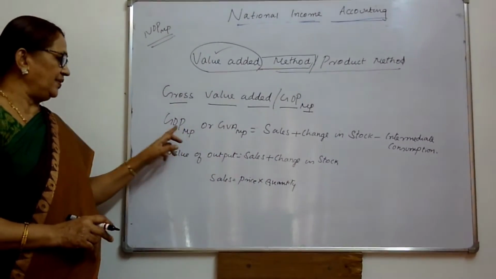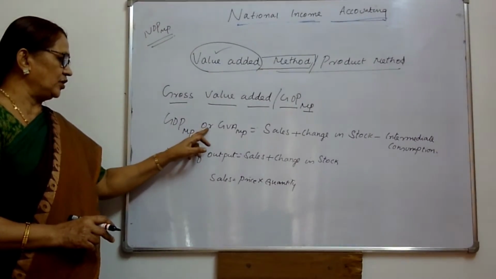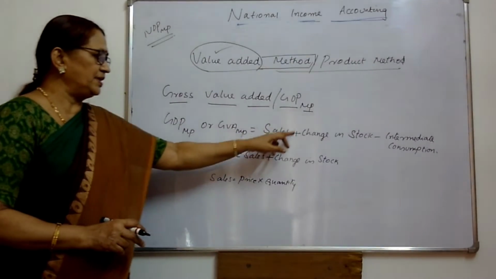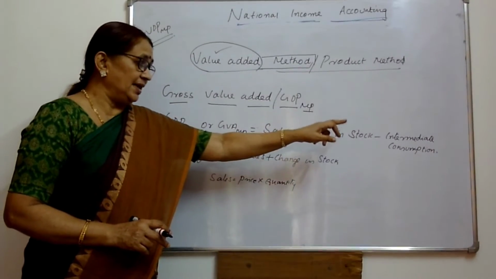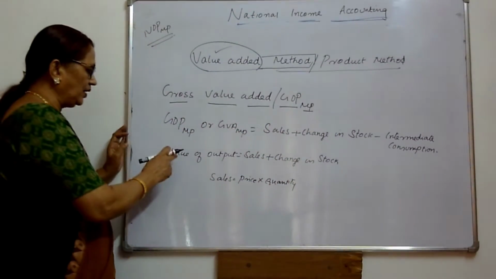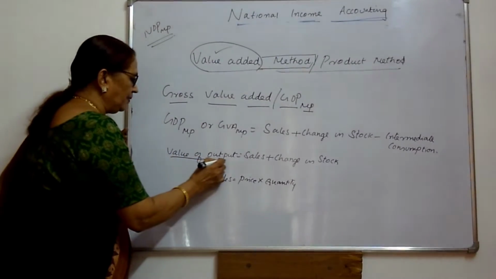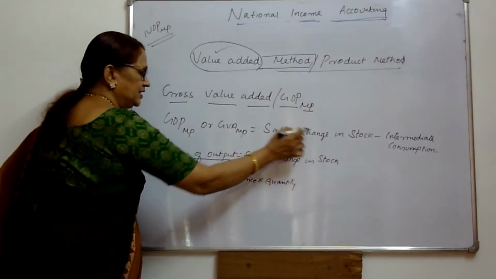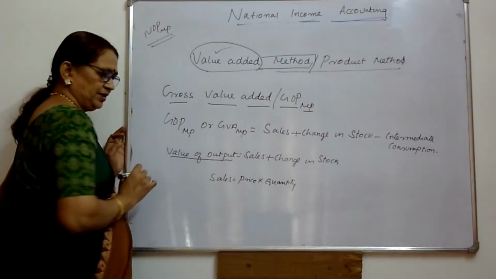So we can write GDP at market price or gross value added at market price as sales plus change in stock minus intermediate consumption, or value of output minus intermediate consumption, because sales plus change in stock gives us value of output.